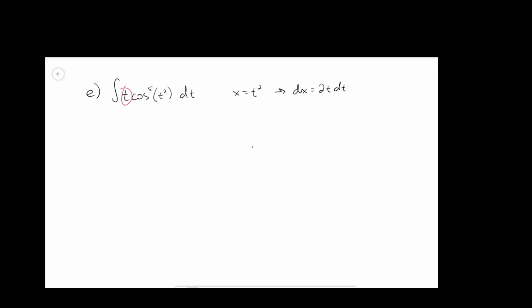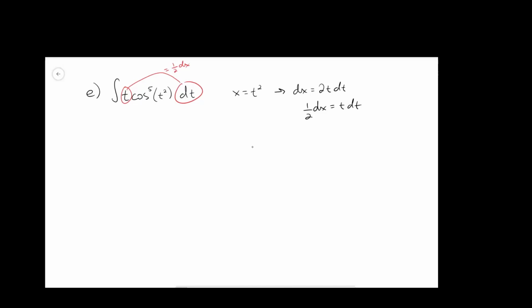Because now we see 1/2 dx is t dt, and over here we've got the t dt, right? Those two together are going to become 1/2 dx. And then what's going to happen to the rest of it? Well, I'll have cosine to the 5th of just x, right?